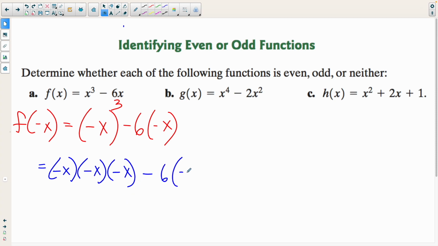I'm just going to leave that part the same for a second. So that's like negative 1 times negative 1 times negative 1, right? Negative times negative times negative will stay a negative. We don't want parentheses anymore. And then we have x times x times x, which is x cubed.